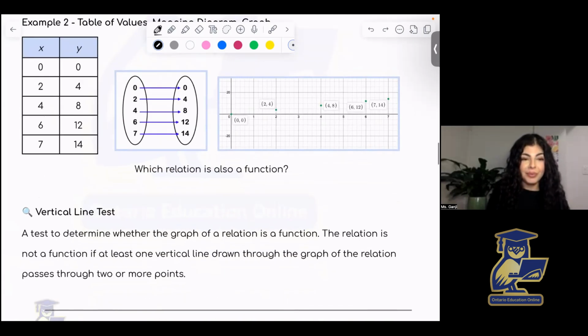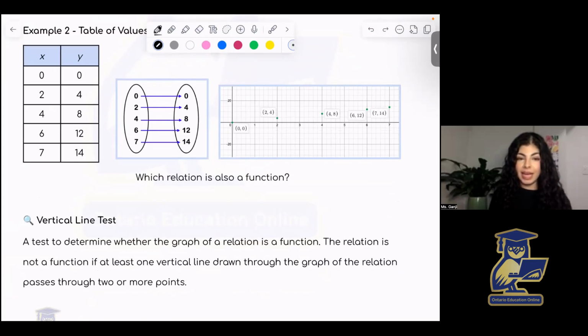Specifically, we are looking at a vertical line test, which is a test that, based on the graph, can tell us whether a relation is a function or not. So you would be drawing a vertical line through the graph, and at any point within this graph, you cannot pass through more than one point. If you do, it is not a function. But if each vertical line passes through only one point, then you have a function.